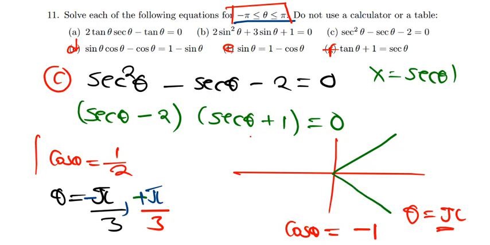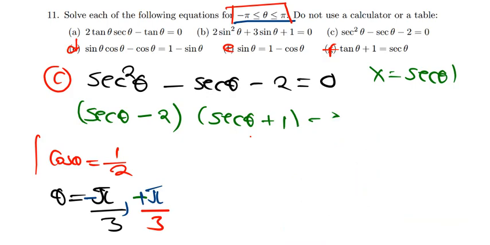So equally, if you find a positive answer to be pi, it will be negative pi in the other direction as well. So therefore we've got solutions negative pi and also positive pi.